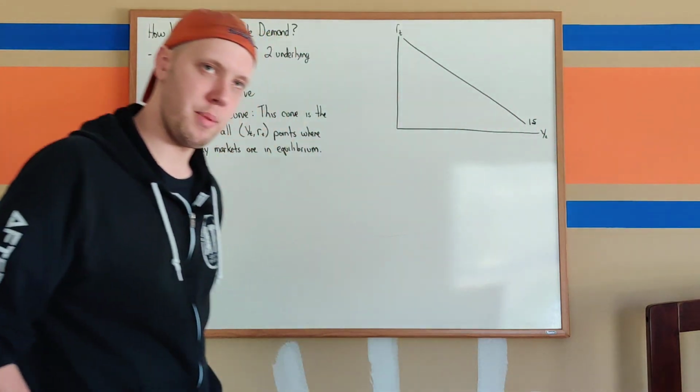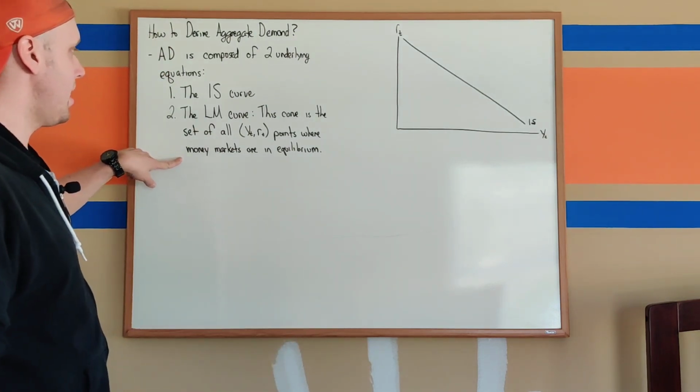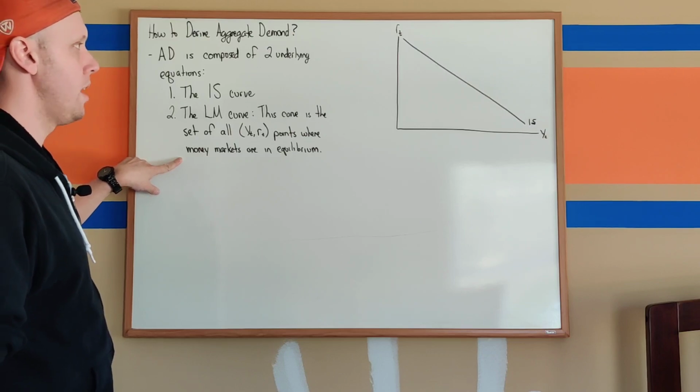So, enough of a rant about monetary policy and how it works in the United States. So we've got this set of all points where money markets are in equilibrium.